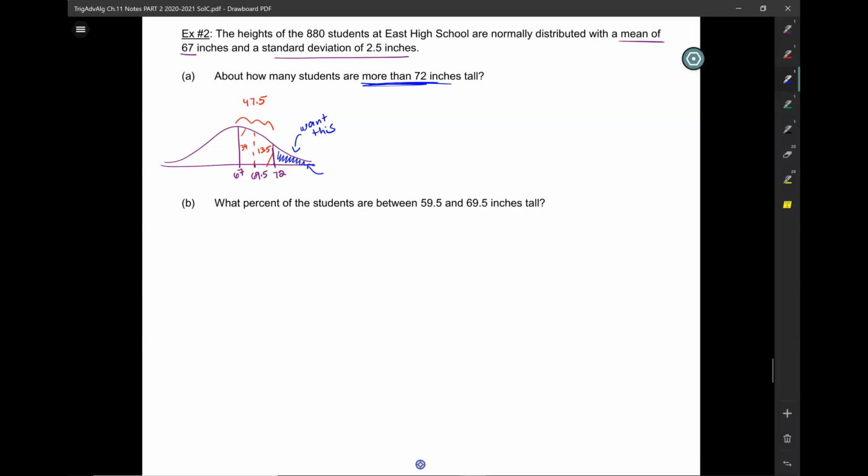So it's 50% minus 47.5%, which is 2.5%. So this is 2.5%. But is that what we're asking? Is it asking for the percentage? No. It's asking for the number, right? 2.5% of 880.